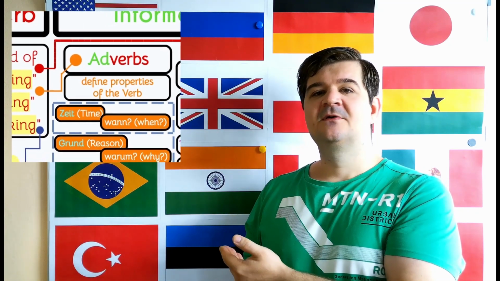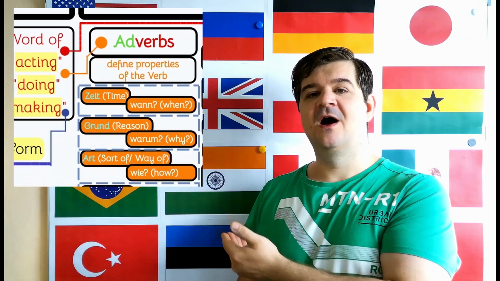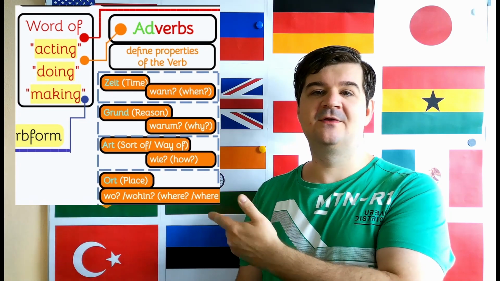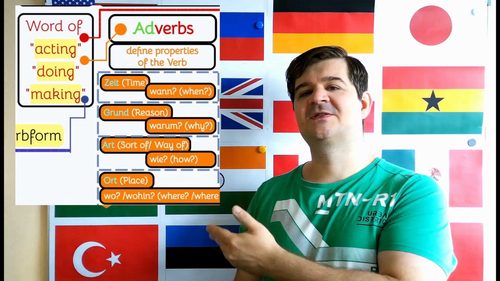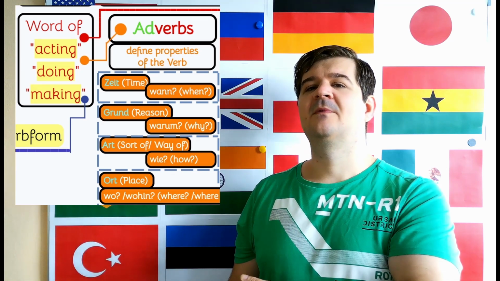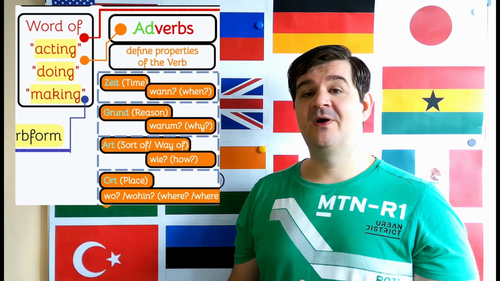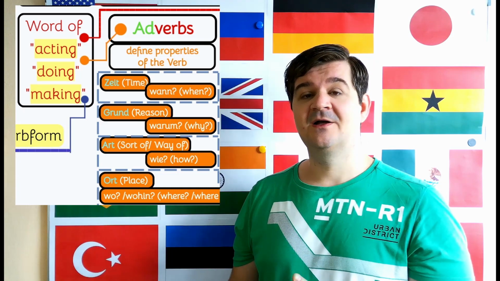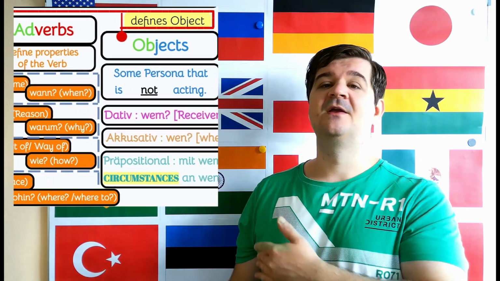The adverbs describe the action, how you do stuff or when you do stuff, but to this we get in our next episode. And the second larger part of the information block consists of the objects.